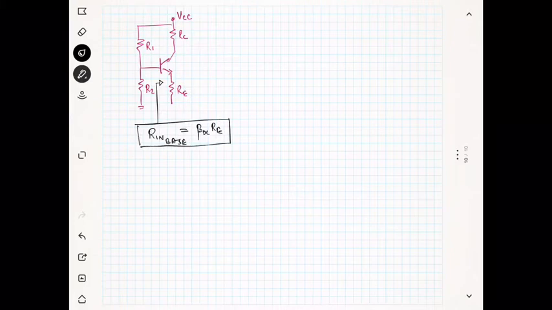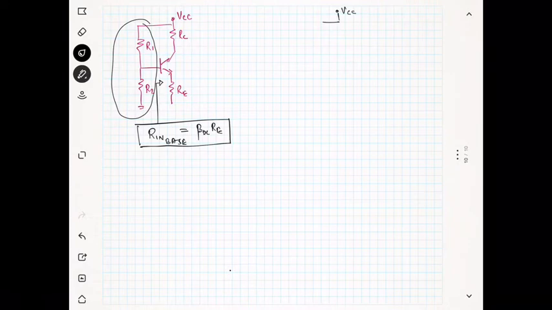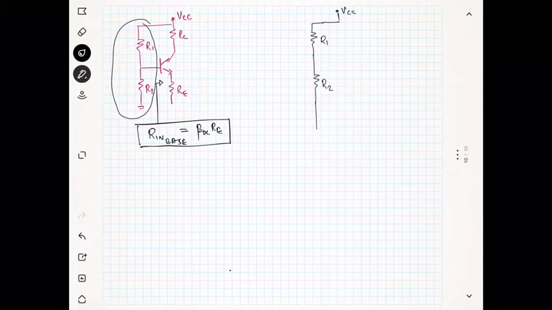Now we will see this potential divider part. You have a VCC, you can see here VCC, and you have R1, you have R2.